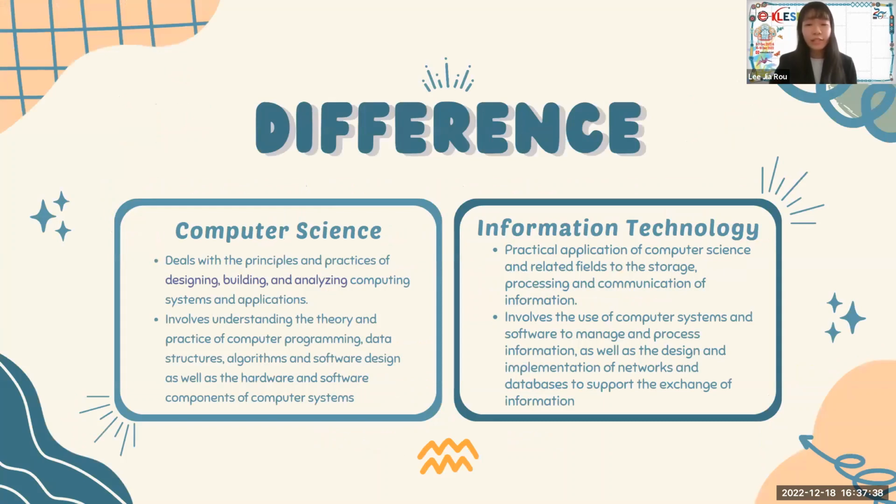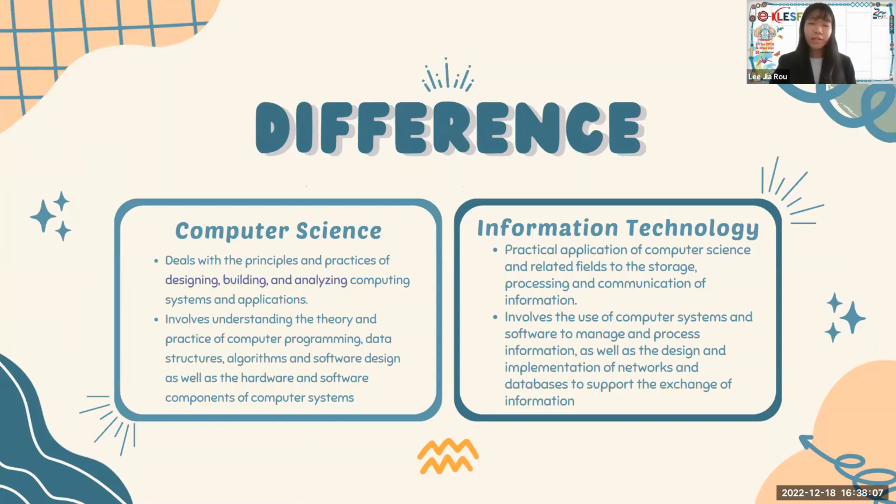Computer science basically deals with principles and practices of designing, building and analyzing computing systems and applications. It also involves understanding the theories and practice of computer programming, data structures, algorithms, and software design, as well as the hardware and software components of computer systems.